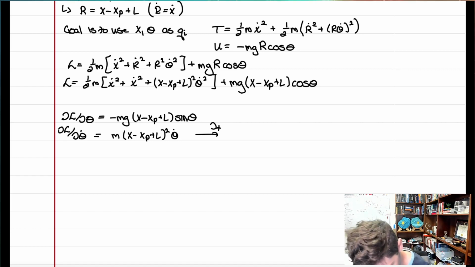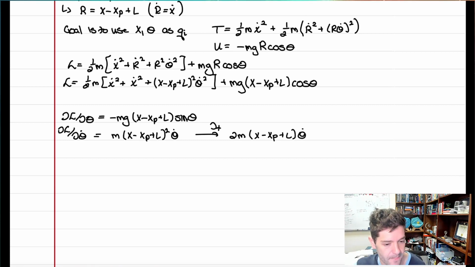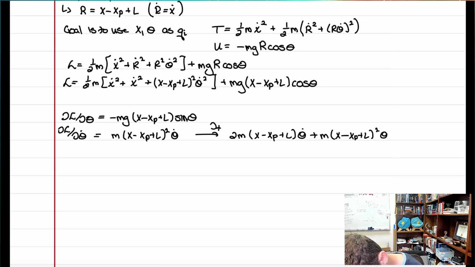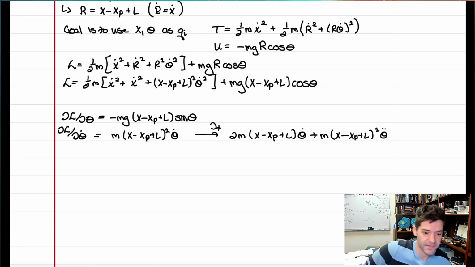So I have to do 2m times x minus x sub p plus L times theta dot, and then the chain rule multiplies that by x dot, plus m times x minus x p plus L squared times theta double dot in this case.